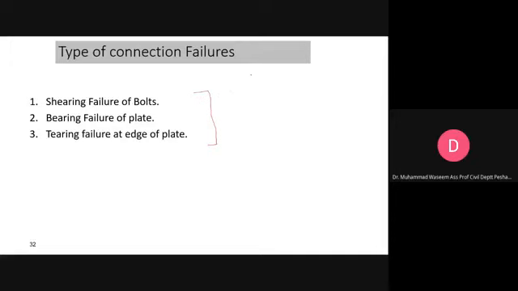Slip critical: we know that once slip occurs in the connection, we assume that the connection has failed. Slip critical is converted to bearing type. These are the bolted connection types.